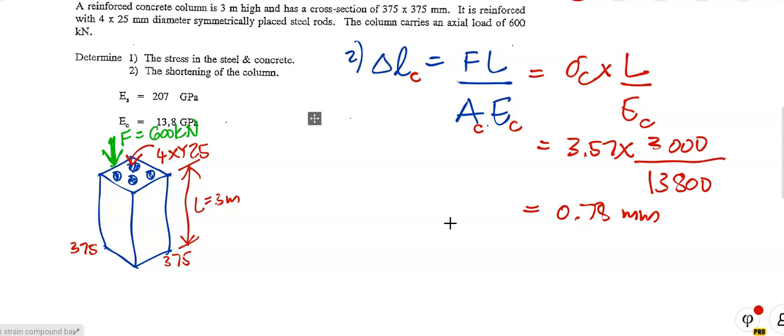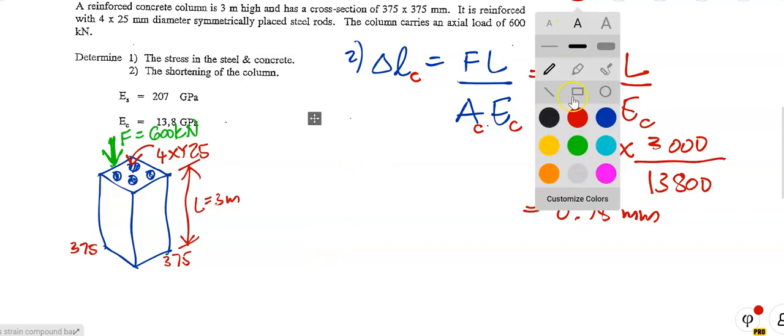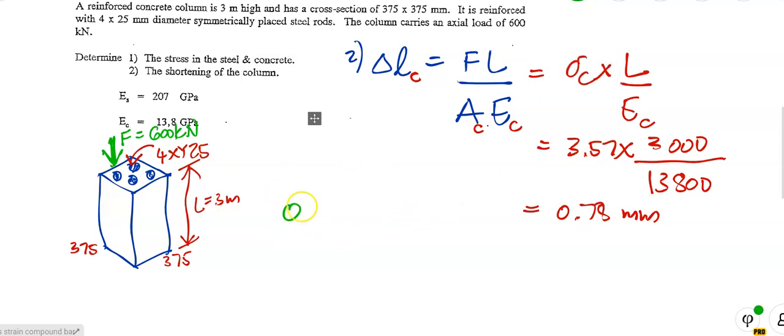Now people, as I just said a few minutes ago, you can either use your shortening for the steel or for the concrete to find the answer here. But for this case, just to show you, because the steel and the concrete are acting as a single unit, they should both shorten by the same amount. So I'm going to do the shortening in steel. Delta L in steel is equal to the stress in the steel, which we calculated previously, multiplied by L over the E for steel.